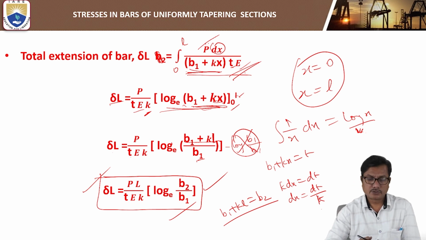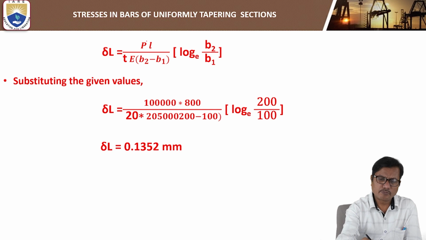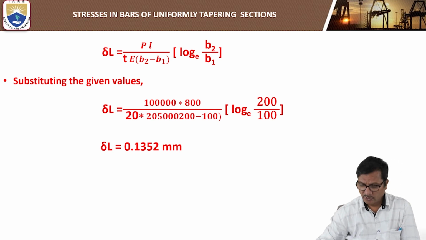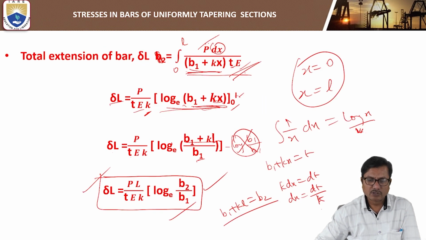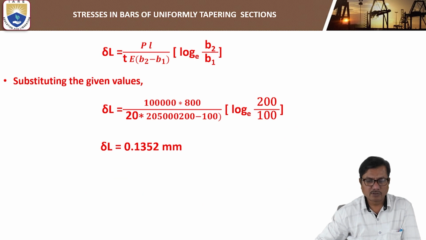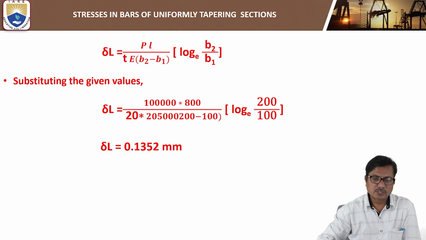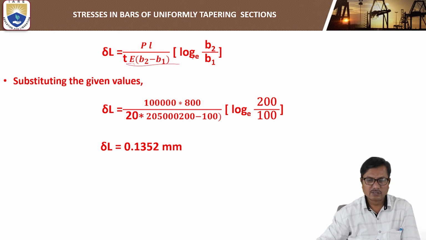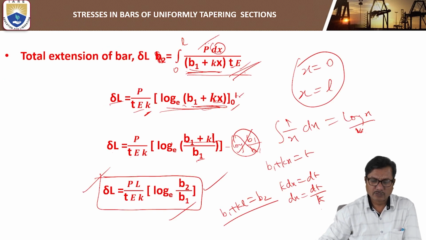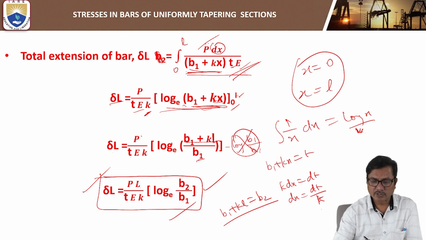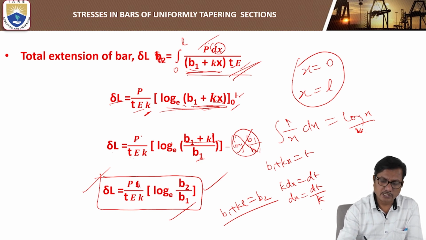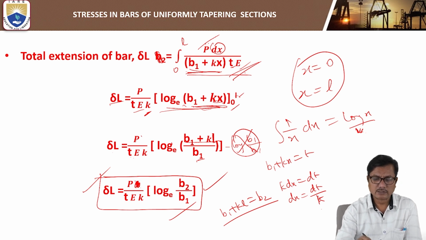Now we substitute the given values here. So PL by TE into K. K is B1 minus B2 by L. So substituting these values, actually P by TEK here, no L here.